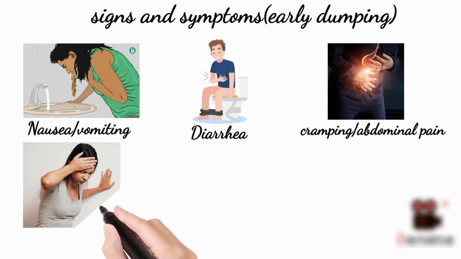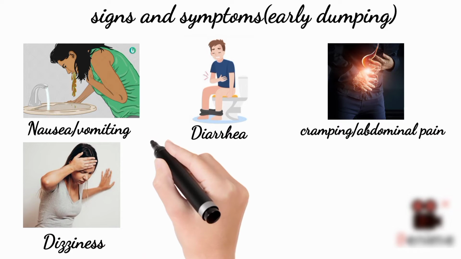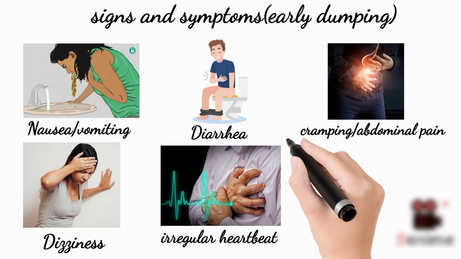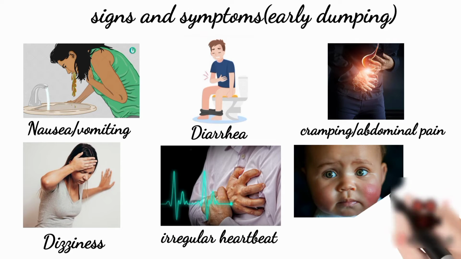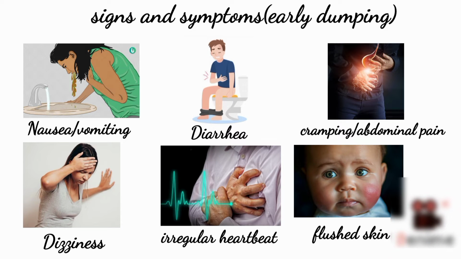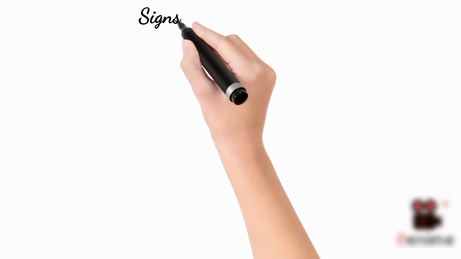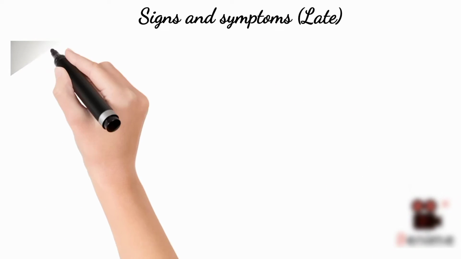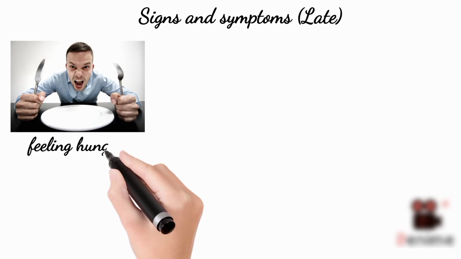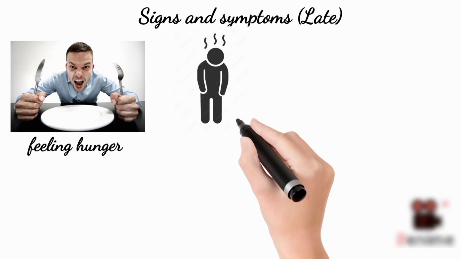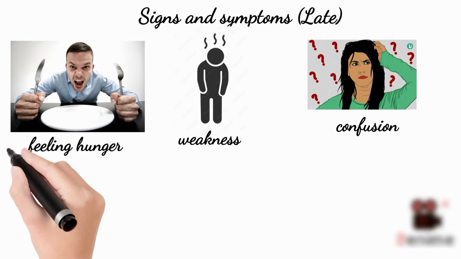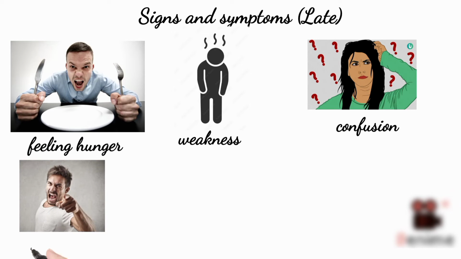For early dumping, we have nausea, vomiting, diarrhea, cramping or abdominal pain, dizziness, irregular heartbeat and flushed face or skin. For late dumping, which occurs within 2 to 3 hours with the main concern being hypoglycemia due to insulin, we have signs and symptoms like feeling hungry, weakness, confusion, agitation, fainting, and sweating.